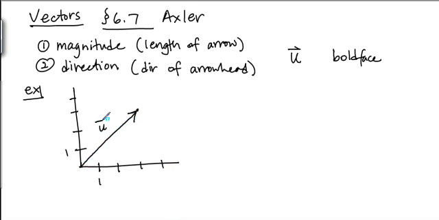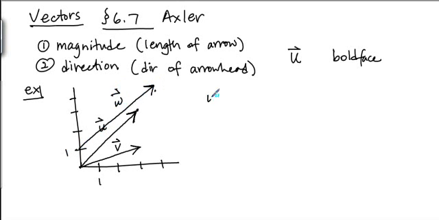The length of vector u is this long, and it's going in this direction. We'll talk about length and direction later. Vector v is this long, so it's shorter than vector u, and it's going in another direction. Let me draw vector w. This is vector w.